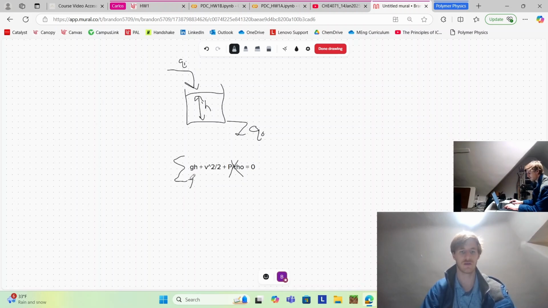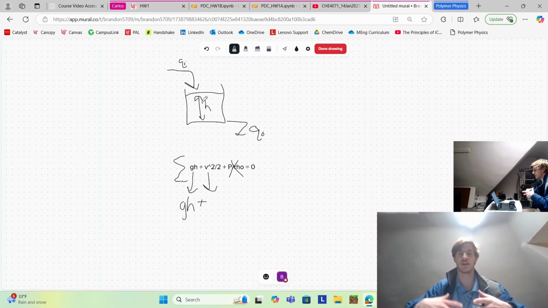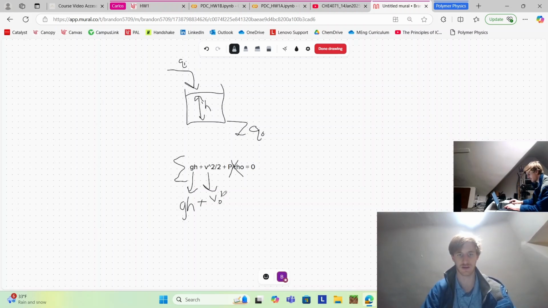So here, this gravity term, the potential energy term, we just have gravity times the height of the tank. And then for kinetic energy, the top of the tank is wide, so we are just going to assume there's no motion there. So our V squared over 2 becomes V out squared over 2. And this equals 0.